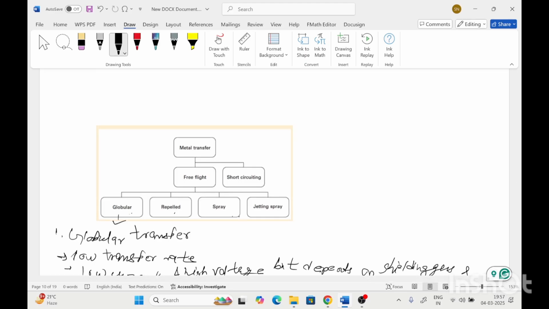For rippled transfer, the droplet is accumulating at the electrode only, so it will gain this shape. So this is called the ripple shape.